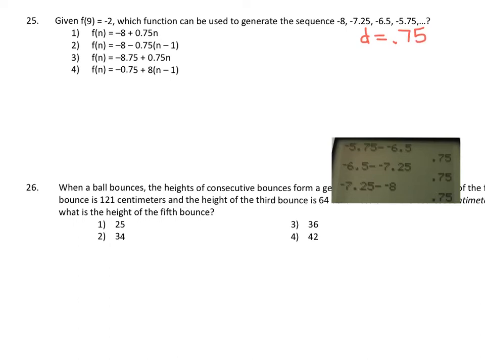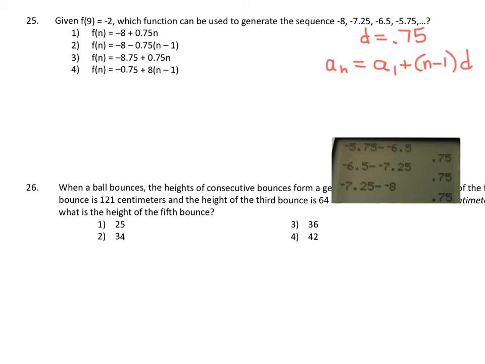Okay, now normally we can see that these are not recursive formulas. It's all one rule, so we're going to be using the explicit formula. Normally the explicit formula for an arithmetic sequence looks like this. But if you look here, instead of using a sub n, they're just using f of n. They're putting it in function notation.